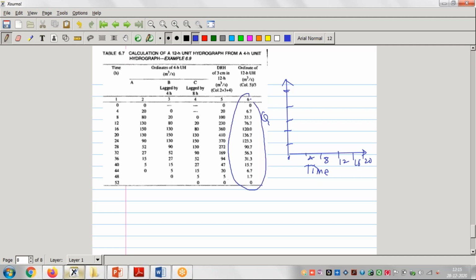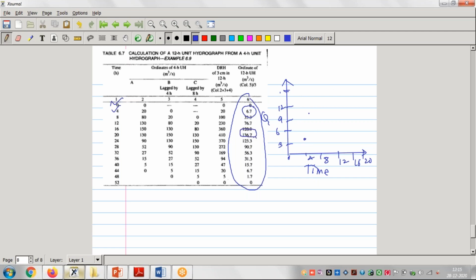This value is the Q value: 0, 6.7, 33, 76. This 0 is for 0 hour, this for 4 hour is 6.7. So here I will take it as 3, 6, 9, 12, likewise going up to 130 or 140. The highest is 136.7.